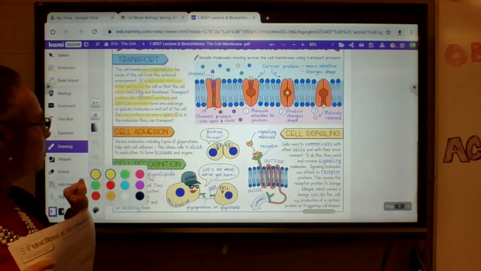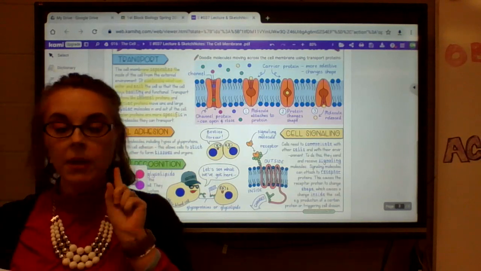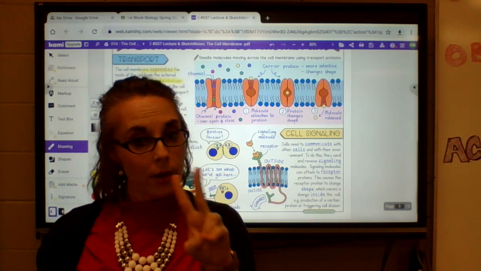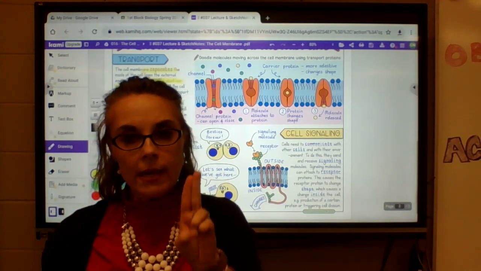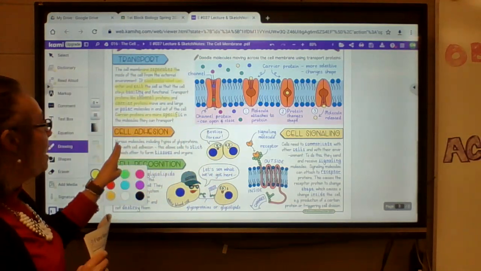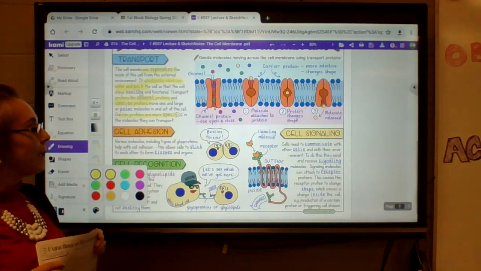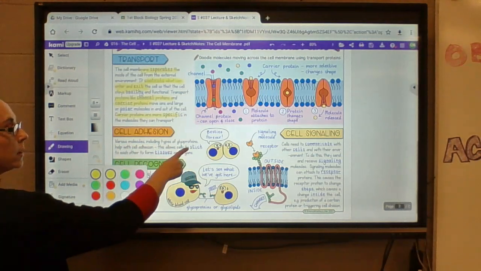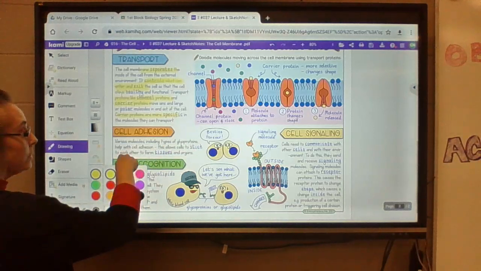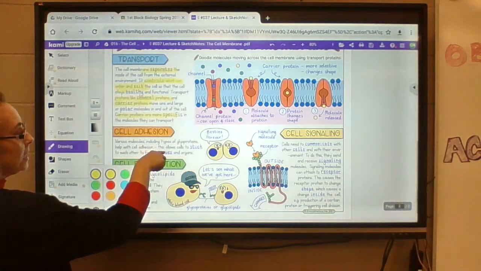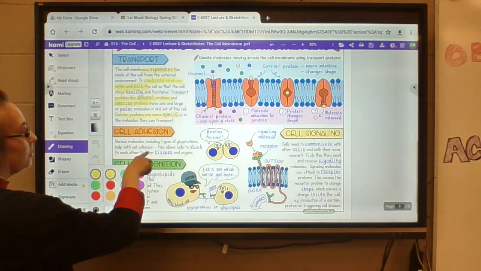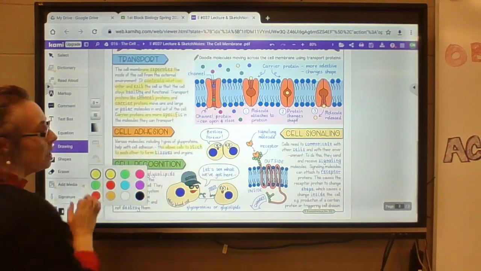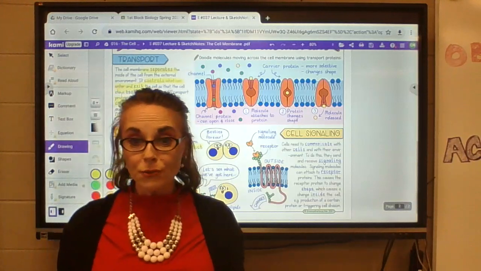Then right here we have cell adhesion. On the test, somebody had a question about cohesion and adhesion. Remember that adhesion allows it to stick to things. Various molecules, including types of glycoproteins, with the help of adhesion, allow cells to stick to each other and form tissues.